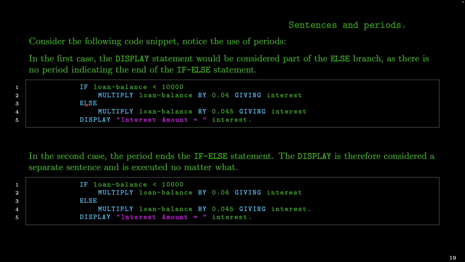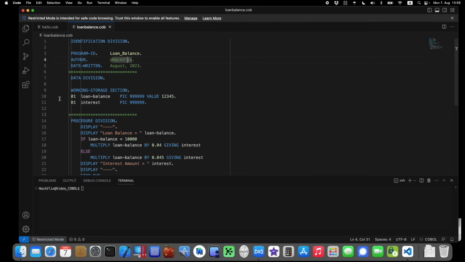Let's maybe have a look at this in GNU COBOL to actually confirm that it works as we expect it would. So here we have our loan balance program, and it might be interesting to see that we have the divisions here, the identification division, the data division to declare a loan balance and an interest variable. And I'm not going into the details now what this all means, because that's a topic for the next video.